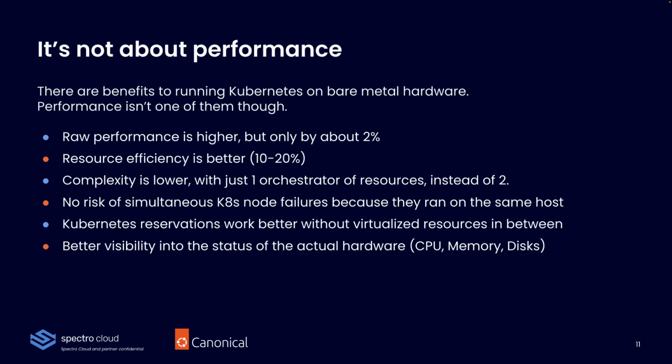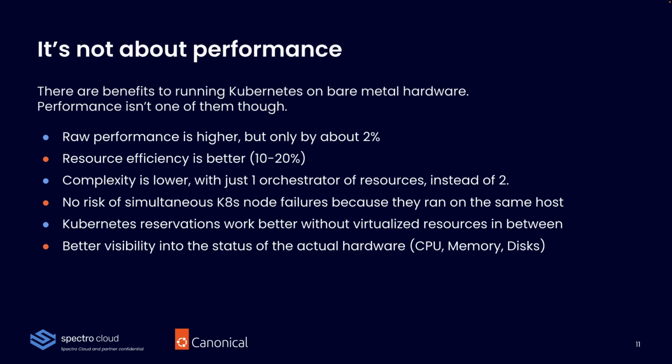You also get very fine-grained control over resource reservations, like CPU and memory, that actually work the way that they are intended. When CPU and memory resources are virtualized, you have less control over other workloads running on the physical host, the so-called noisy neighbor problem, making Kubernetes only able to see part of the whole picture. And you don't have that issue when you're running on bare metal.